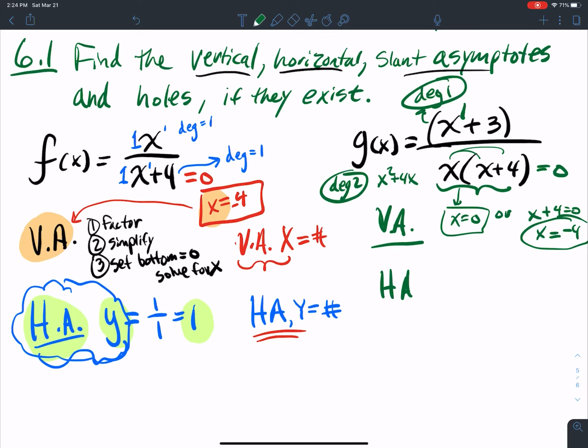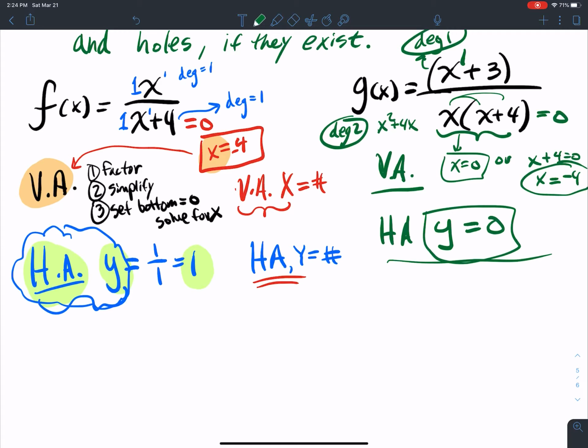So bigger on bottom, Bobo, so O stands for y equal to 0. Okay, hey, y equals 0. Do I have any holes or slant asymptotes? No. All right, can't have a slant asymptote if you have a horizontal asymptote right there, right?